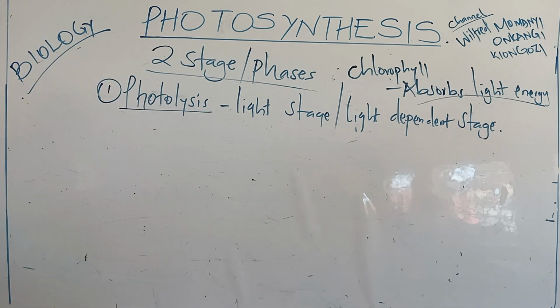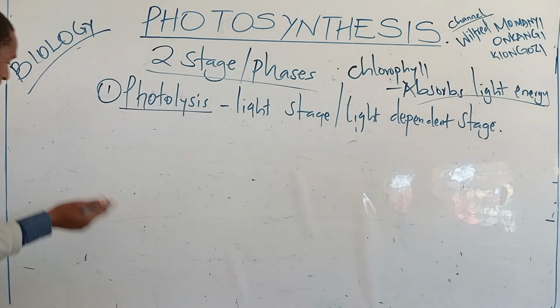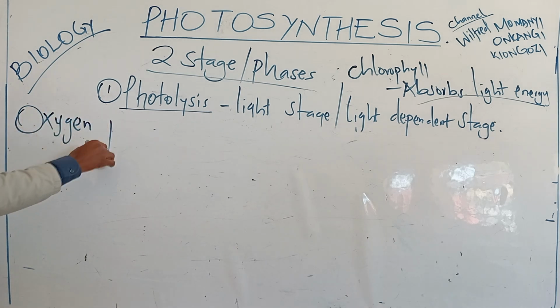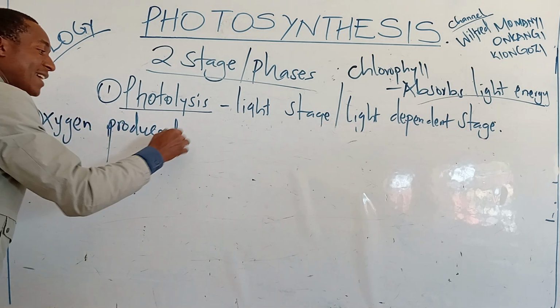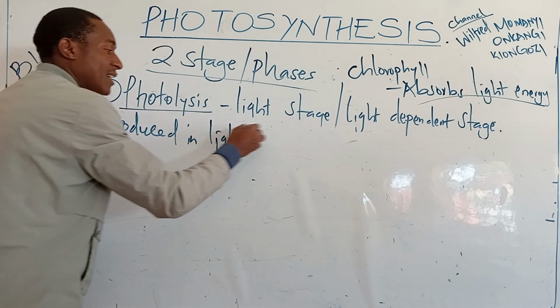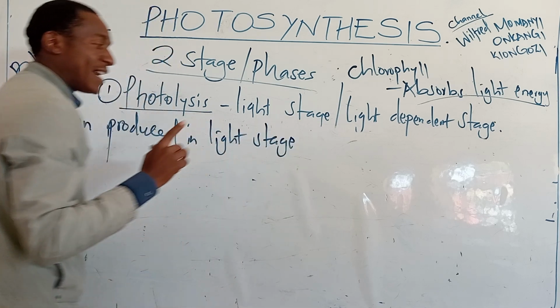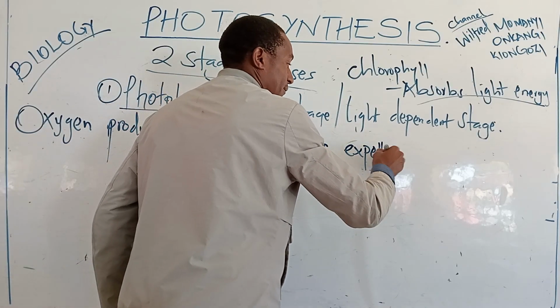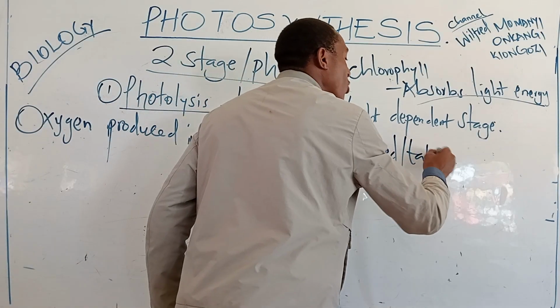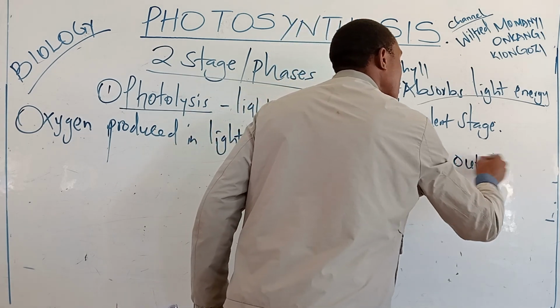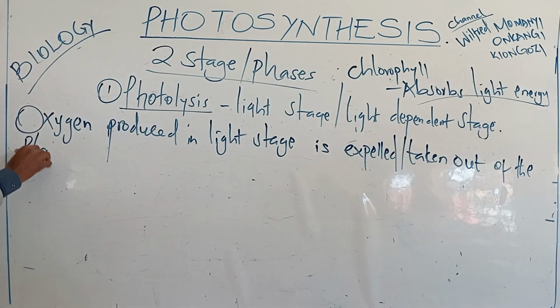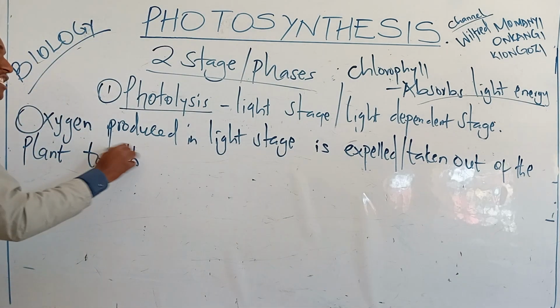So we are giving an account of where oxygen goes. Let us start with oxygen. Oxygen produced in the light stage is expelled or taken out of the plants to the atmosphere.